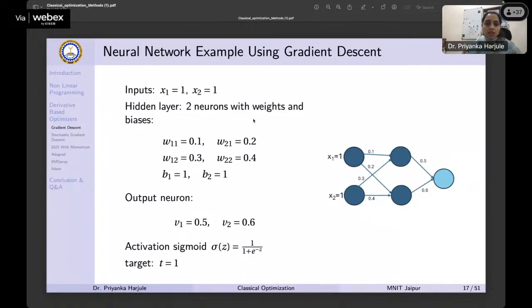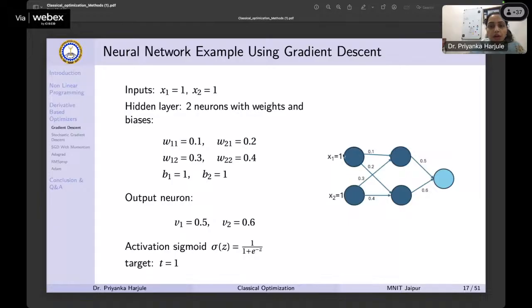Okay. So we are assuming the weights, that is W11 to be 0.1, W12 to be 0.2, and W21 is 0.3, then W22 is 0.4.